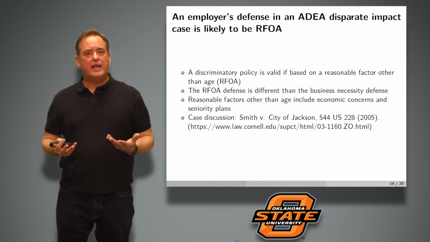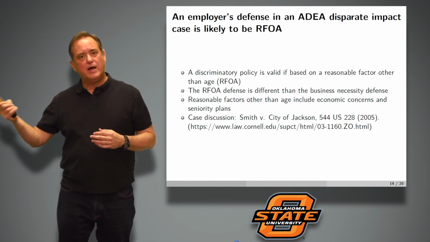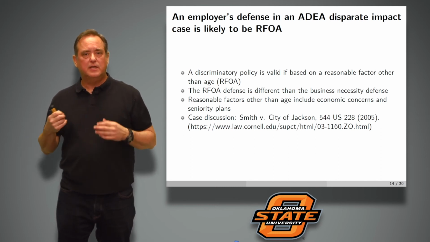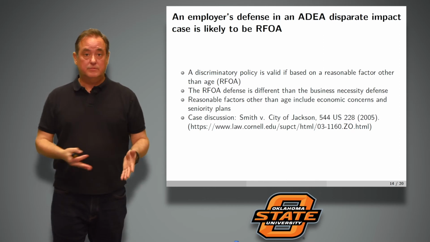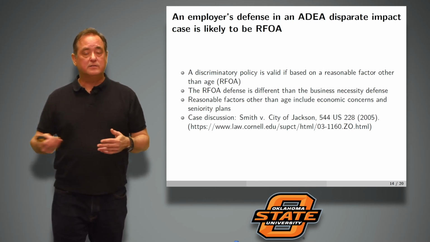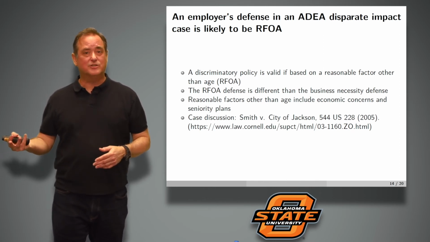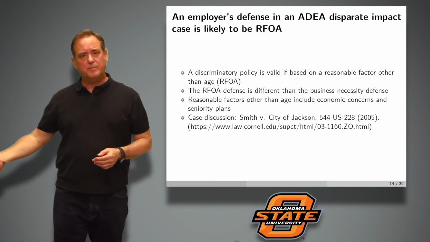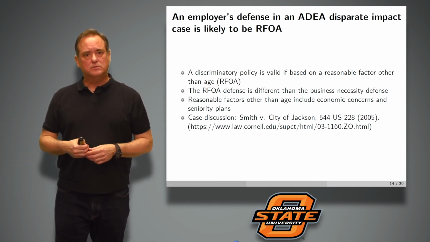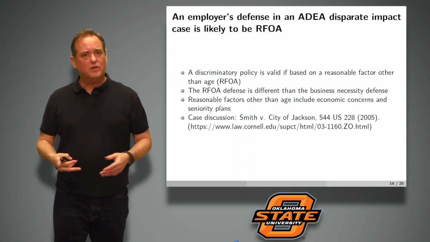They got a higher raise than people outside of the protected class. And so what does that mean? That means that this is a neutral policy. 2 to 5 years, you get a good raise. More than 5 years, not such a good raise. Neutral policy, but it's going to have a disproportionate impact on older workers. Older workers more likely have been there for a longer period of time.